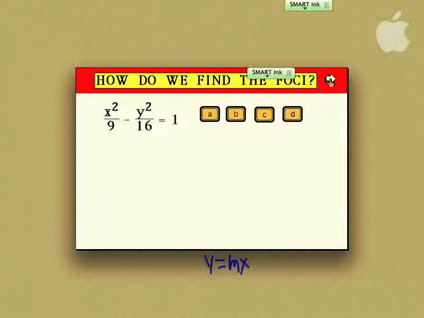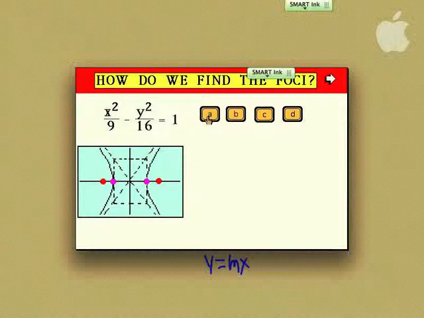The first thing to do is make a quick sketch. This is the left-right kind, centered at the origin. The purple points are vertices. That's where the hyperbola kisses the box. The red points are your foci. Now to find the foci, take the numbers in the bottom, add them, and take the square root. Remember, for the ellipse, you subtracted them and took the square root.